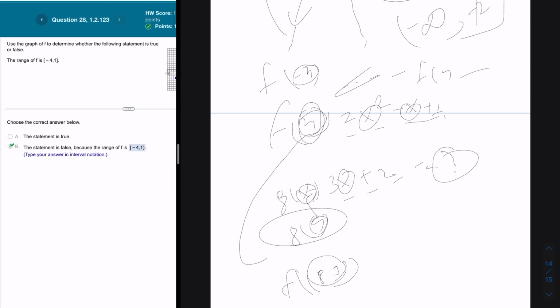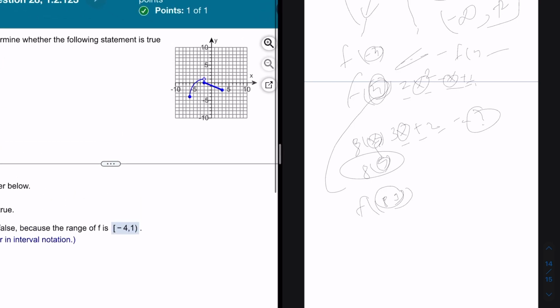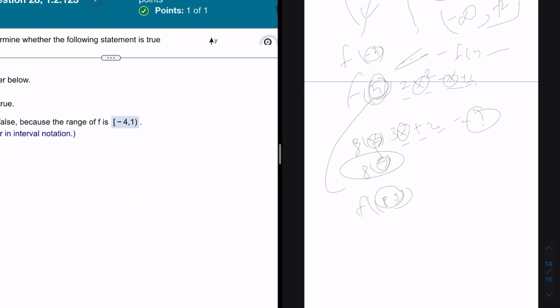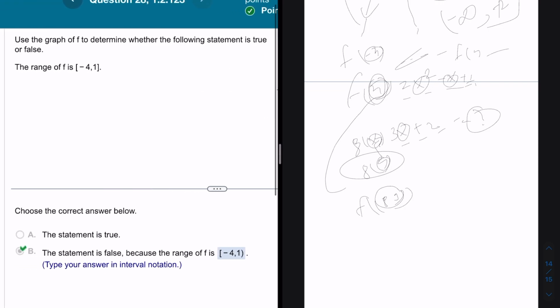Use the graph of f to determine whether the statement is true. Okay, the range of f is -4 to 1. So for this we need to look at the range.